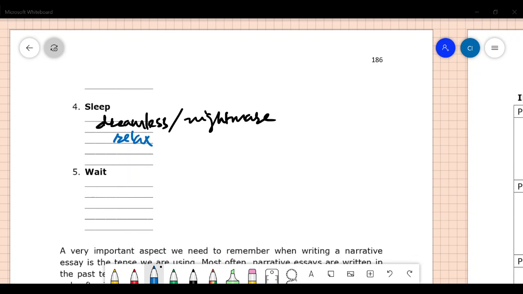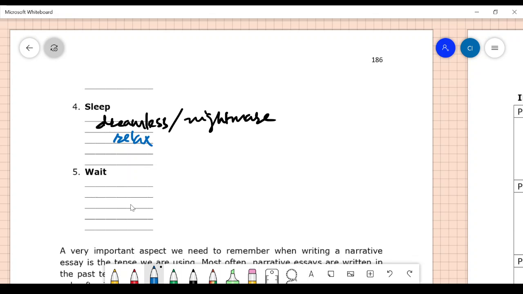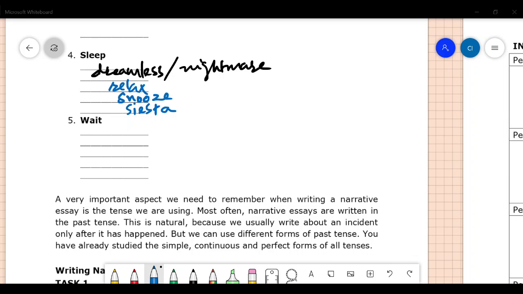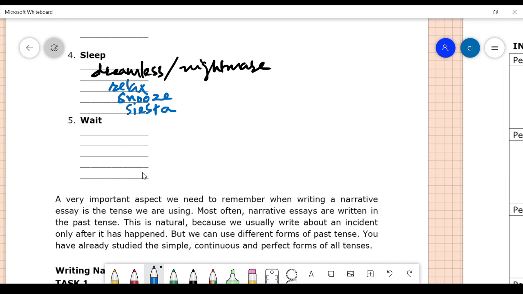And in sleep also you have got two things. While working, if you just sleep, it is called a snooze, and if you sleep in the afternoon, you call it the siesta. That is a very essential part of one's life, the siesta, right? Now, wait. What do you call wait? You just hold back, and sometimes it is called hang on, hold back.